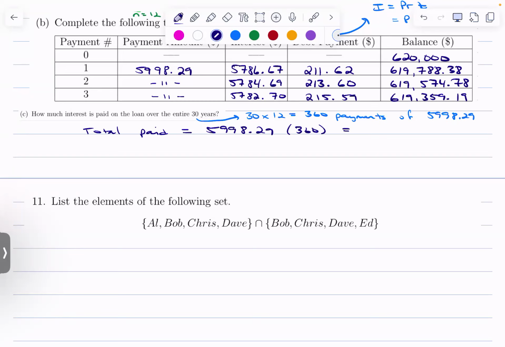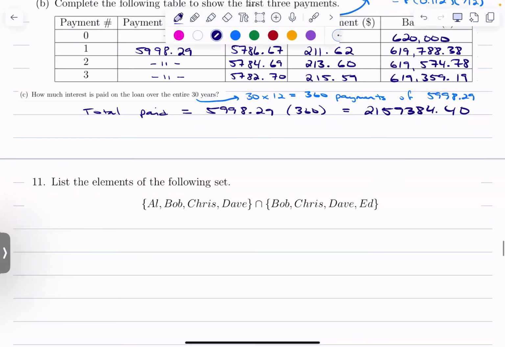I'm going to go across just to keep it on the same page. Times 5998.29 to 2,159,384.40. Oof. That's how much you paid. How much did you borrow? 620,000. All right.